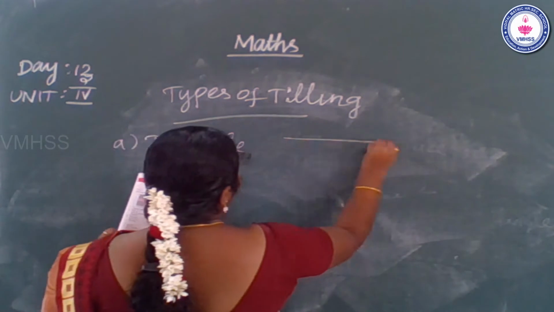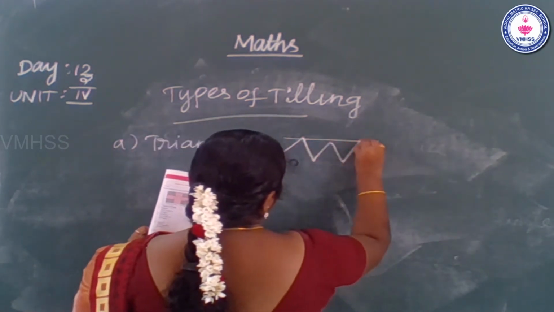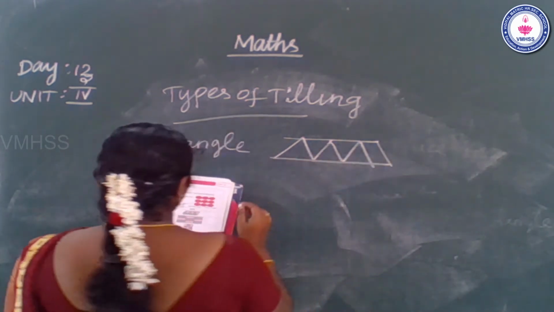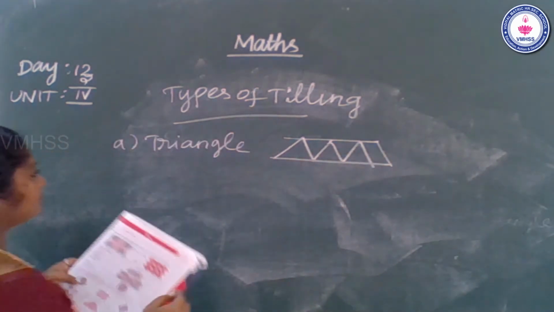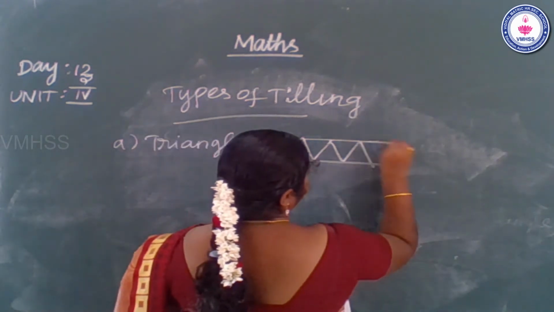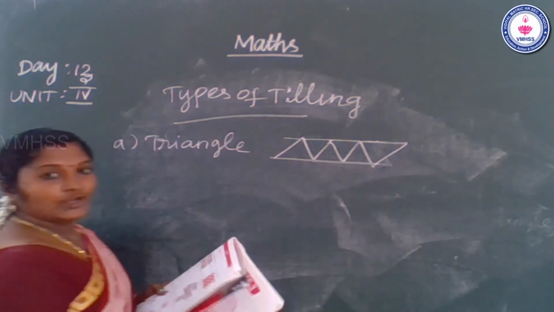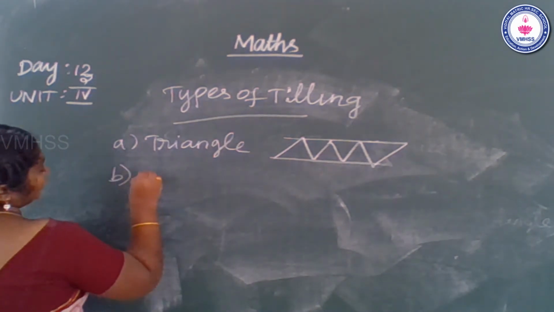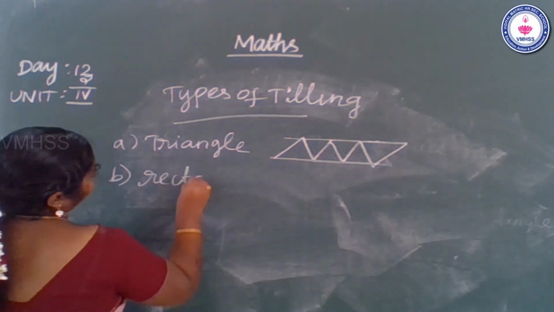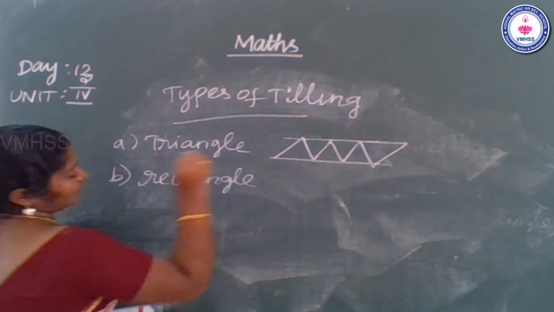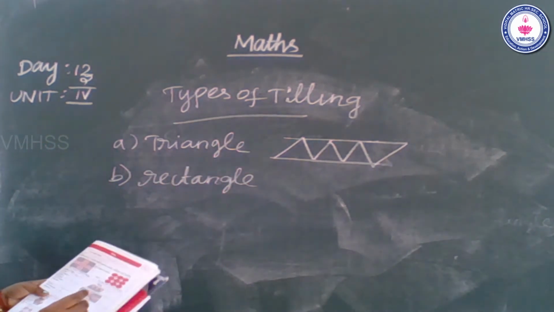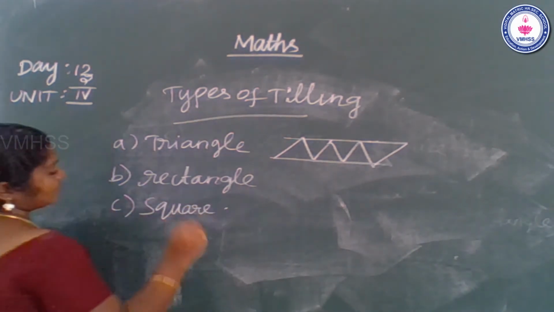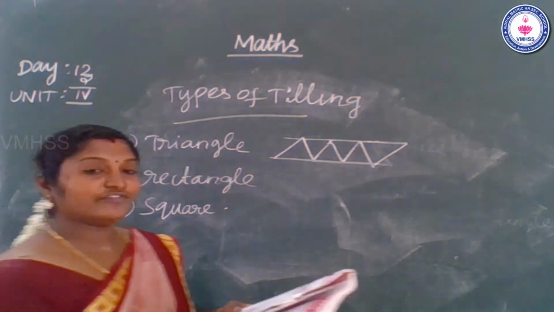Second one, rectangle: the unit shape is rectangle. Third unit shape, square. So these are the main types of tillings.